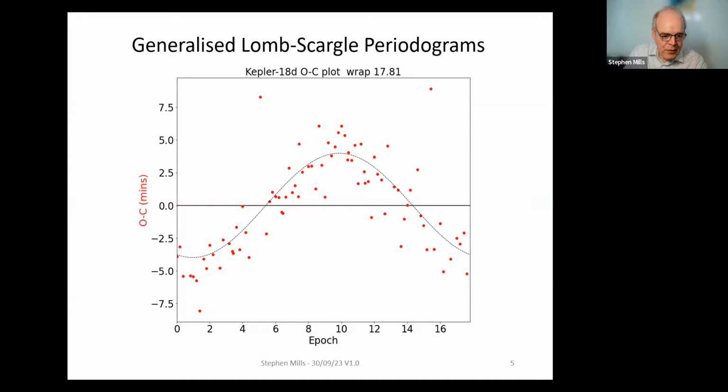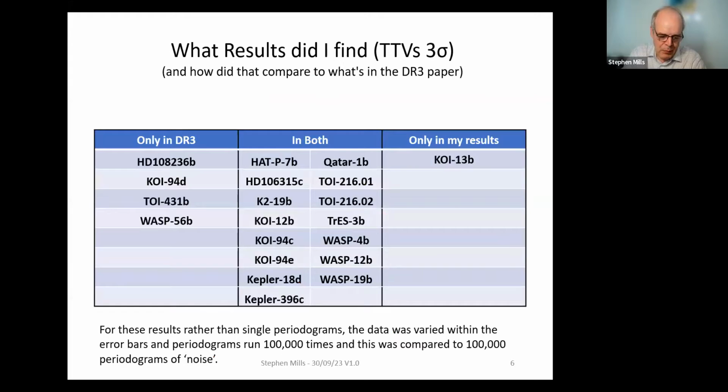So what results did I find? As I said, I applied this to all the planets in the Data Release 3 from Exoclock, and interestingly, they also did that with the Data Release 3 paper. And this table summarizes the results. Now, before I go into the table, it's worth saying that when you use a single GLS periodogram, it can give false positives based on noise and your sampling rate.